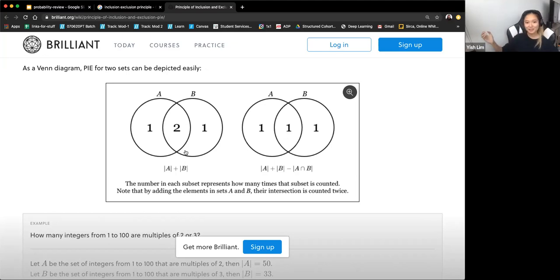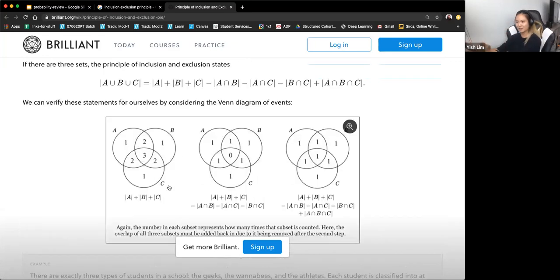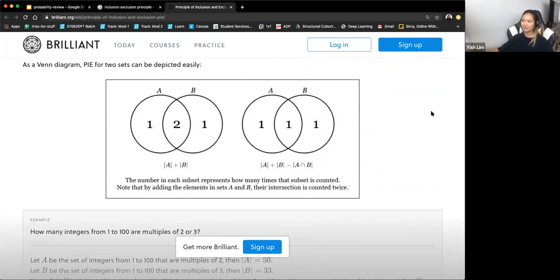It can be expanded to more than just A and B. Down here, they talk about it with C, where you're minusing away all the intersecting parts that you're double or triple counting. But for our purposes, it's just good to know this main one: the probability of A union B is the individual probabilities of A plus B minus the middle.